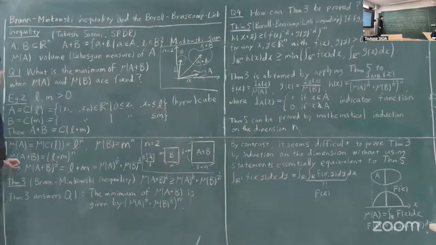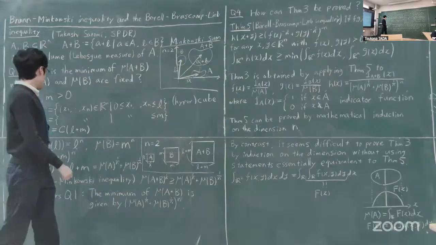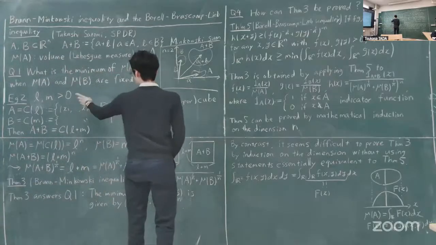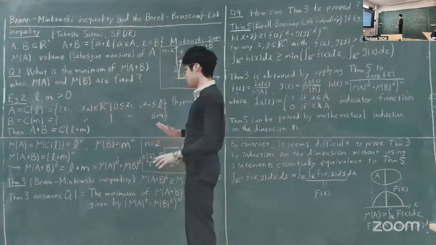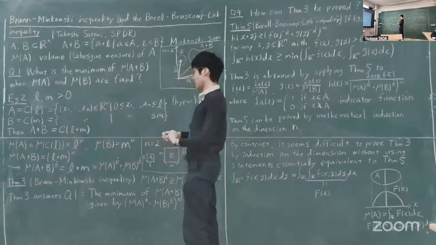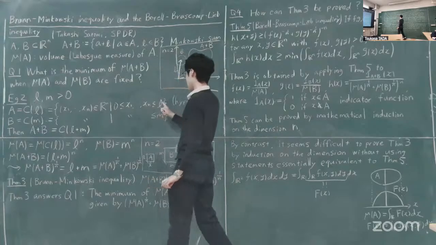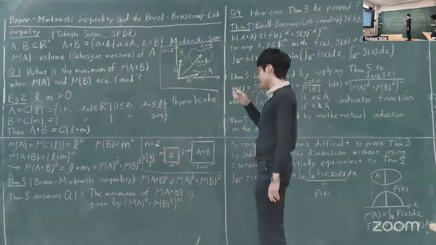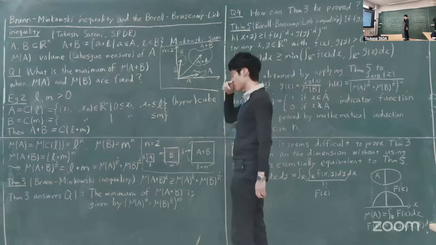To investigate this question, we'll consider the next example. For positive values l and m, let A equal C_l and B equal C_m, where C_l is defined as the set of vectors whose components are between 0 and l. It is called the hypercube.